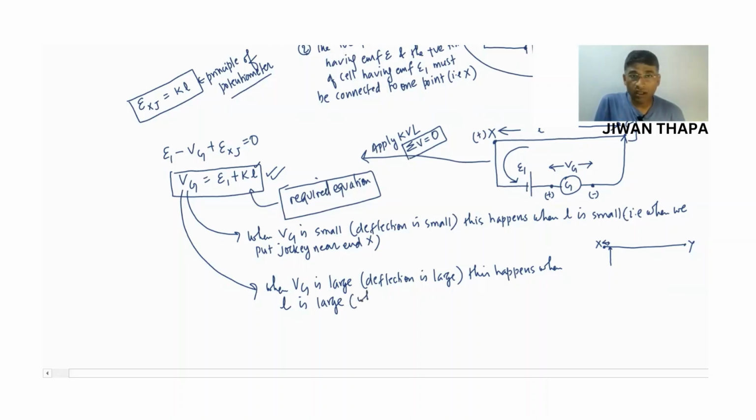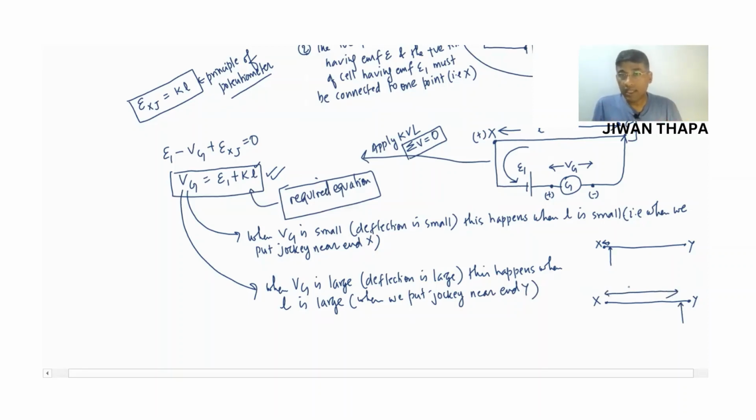That is when we put jockey near end Y. So let me draw in this way. When we put jockey near end Y, clear? Then the length is large. L is large, then the deflection is large.